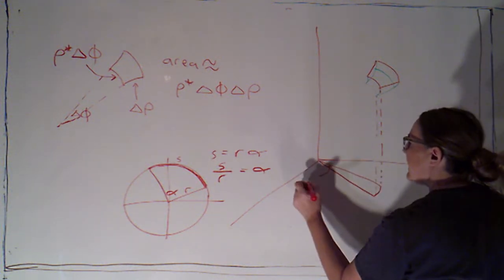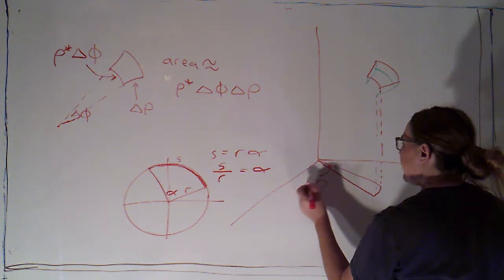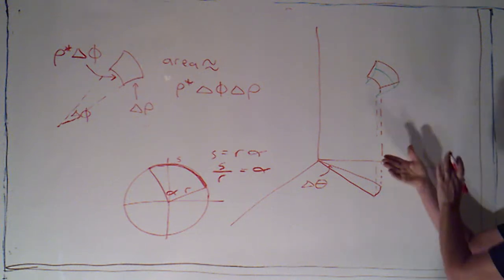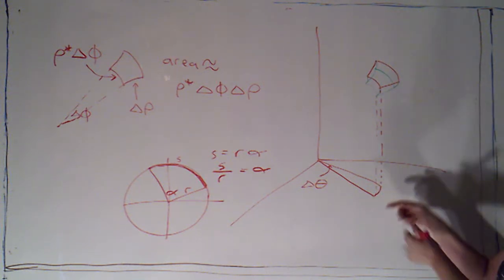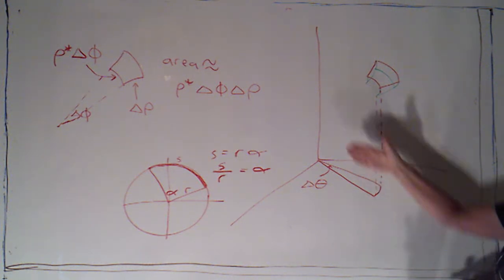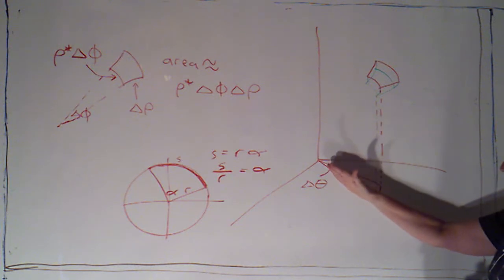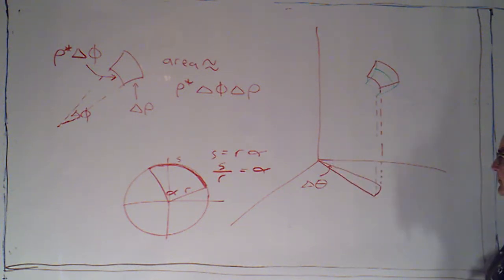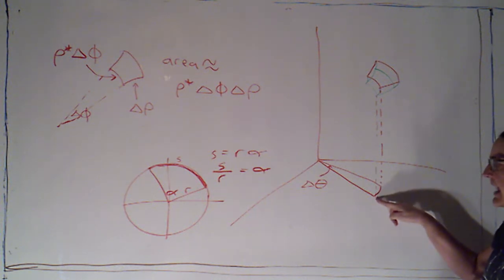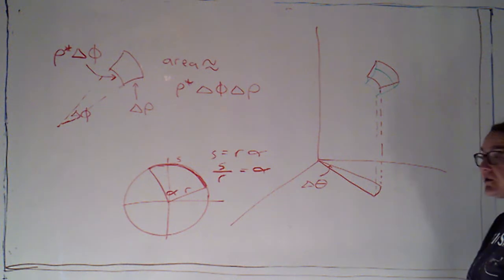So that this angle right here is delta theta. Okay. So the change in theta is between those half planes, but when I project it down onto the xy plane, essentially this is the intersection of one half plane with the xy plane, and this is the intersection of the other. Then this little curved piece is again actually just a section of a circle.